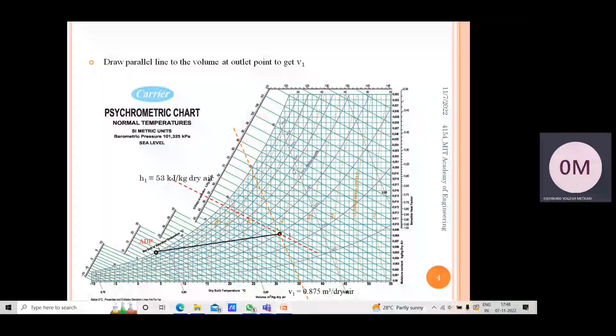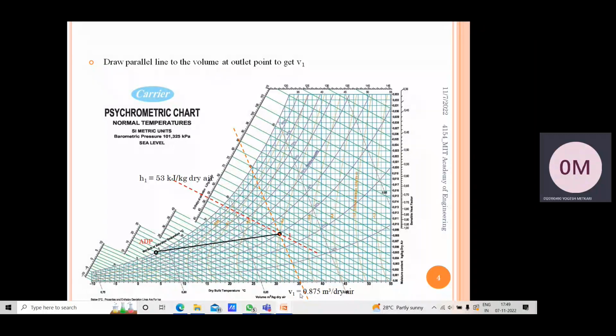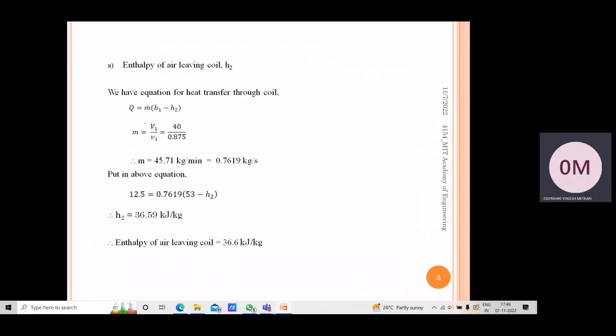Here we can see the specific volume lines in this chart. Values are given below: 0.8, 0.85, 0.9 respectively. After passing through this point, if we extend the line here, we will get a value between 0.85 and 0.9. So we can take 0.875 meter cube per kg of dry air. So this is our specific volume for air outside the coil.